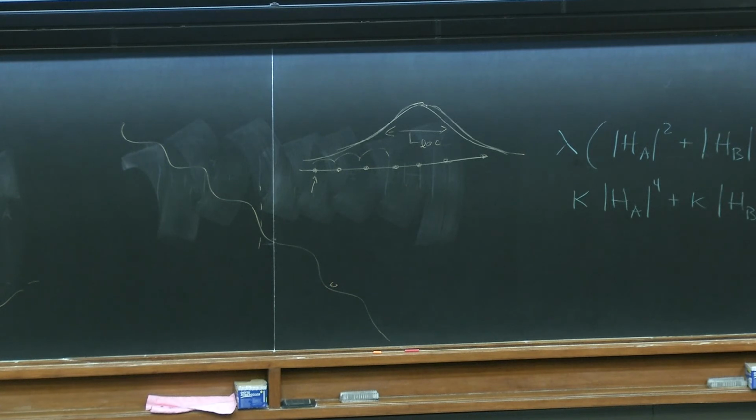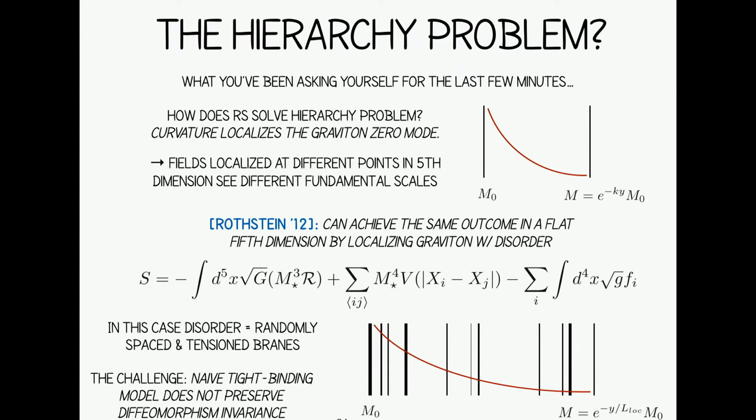I haven't talked much about Randall-Sundrum solutions to the hierarchy problem. The basic idea is you imagine that the universe consists of a slice, some interval, in an extra-dimensional theory. In that extra dimension, there's a slice of AdS5. And then the Higgs, at least, lives on a 4-dimensional brane on one end of that interval.